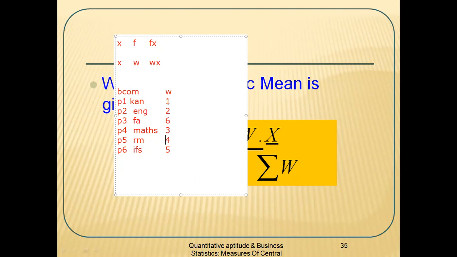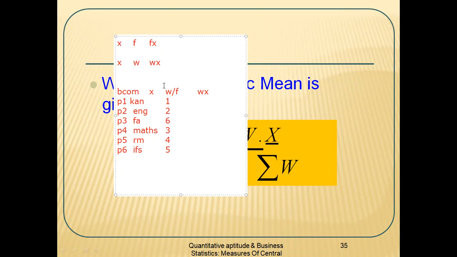Therefore, when weights are assigned to the data, how do you calculate the arithmetic mean? Very simple. You will have observations, and you know the weights. Same as frequency, instead of F, W is given here. Multiply both, that is WX. Sum up all that and you get the summation WX.